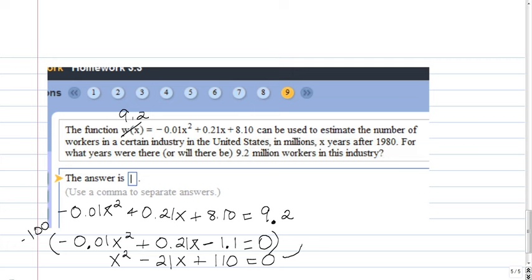And so this would factor as x and x, 10 and 11, and both signs have to be negative, so we get that either x is 10 or x is 11.